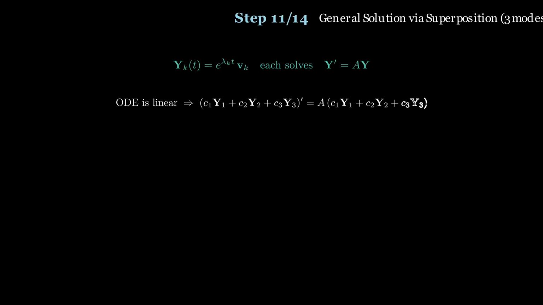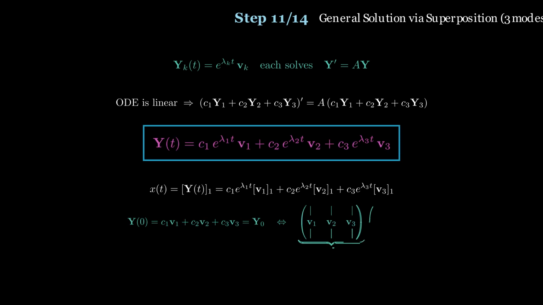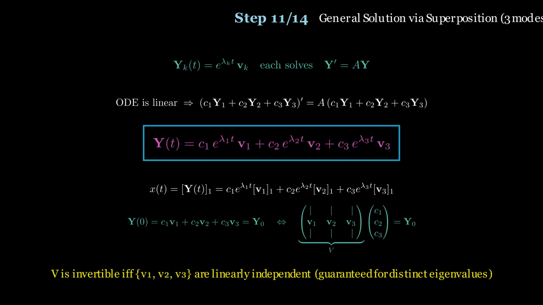Step 11. By the superposition principle, the general three-mode solution is C1 e to the lambda 1 t v1 plus C2 e to the lambda 2 t v2 plus C3 e to the lambda 3 t v3. The original scalar solution x of t is the first component of y.